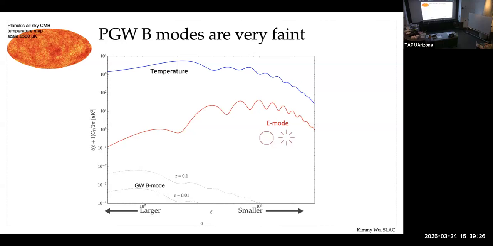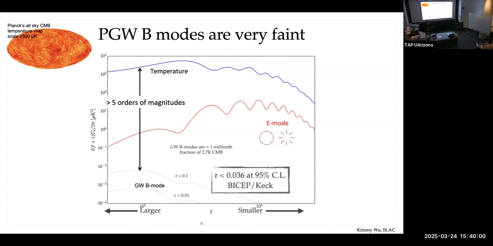Just from this plot, temperature anisotropy is very well measured. E mode polarization is getting better and better measured. B modes are essentially not well measured at all right now. This is on log scale, and for r equals 0.1, this is more than 5 orders of magnitude smaller than the temperature anisotropy power. Compared to the mean CMB temperature of 2.7 Kelvin, these fluctuations are less than 1 part in a million. Those are very faint.